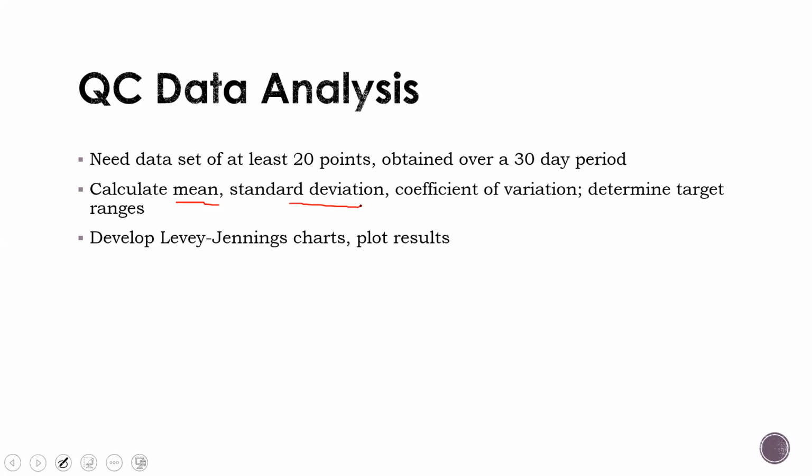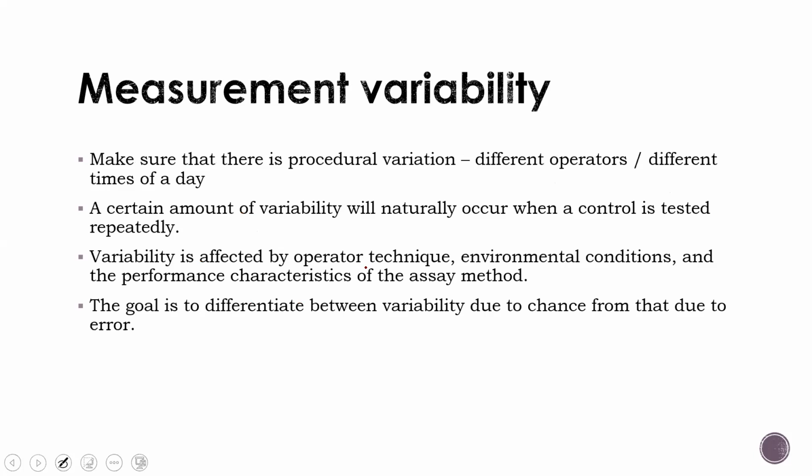Yung coefficient of variation and ranges, hindi na muna natin masyadong i-discuss. Although na-touch nyo na yan sa statistics ninyo, because ito lang kadalasan ang ginagamit natin. Ito yung pinaka-ginagamit natin sa lab. And then, develop Levey-Jennings Chart. I will teach you how to do this also.